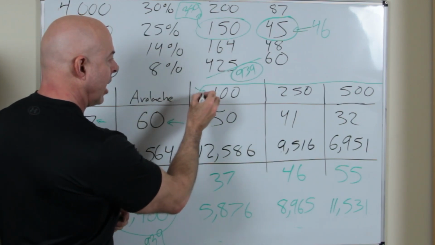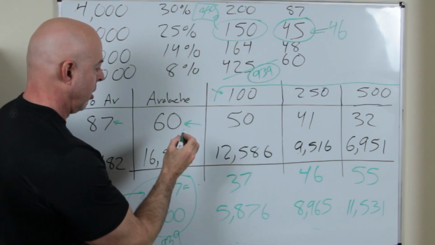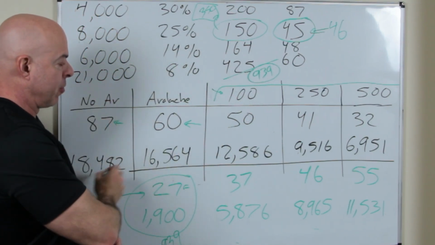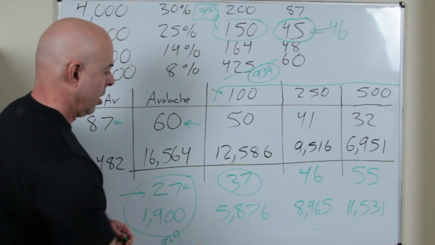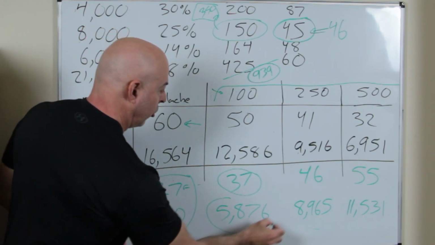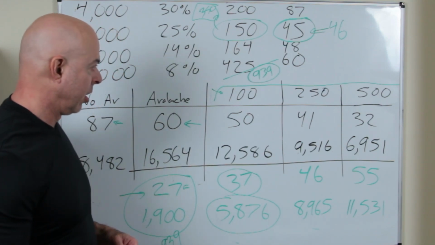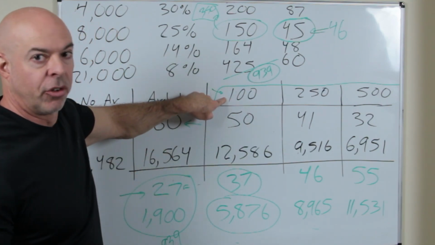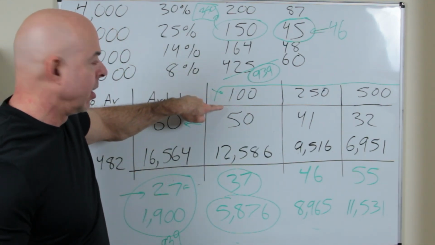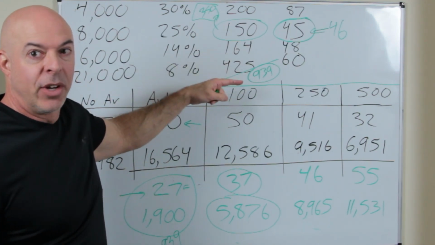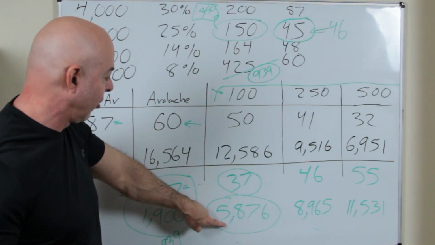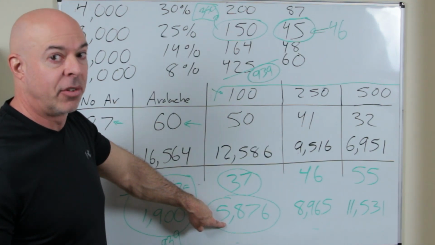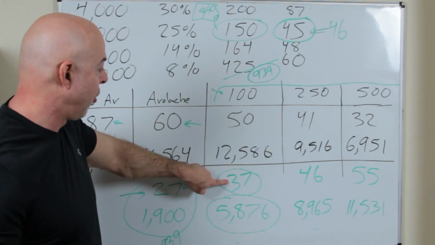An extra $100 in this scenario saves you, from the no Avalanche method, it saves you 37 months. And it saves you almost $6,000. An extra $100 a month. Okay, get rid of cable, do whatever you got to do, get $100 a month. You will save $6,000. That is substantial. And you're going to save 37 months.